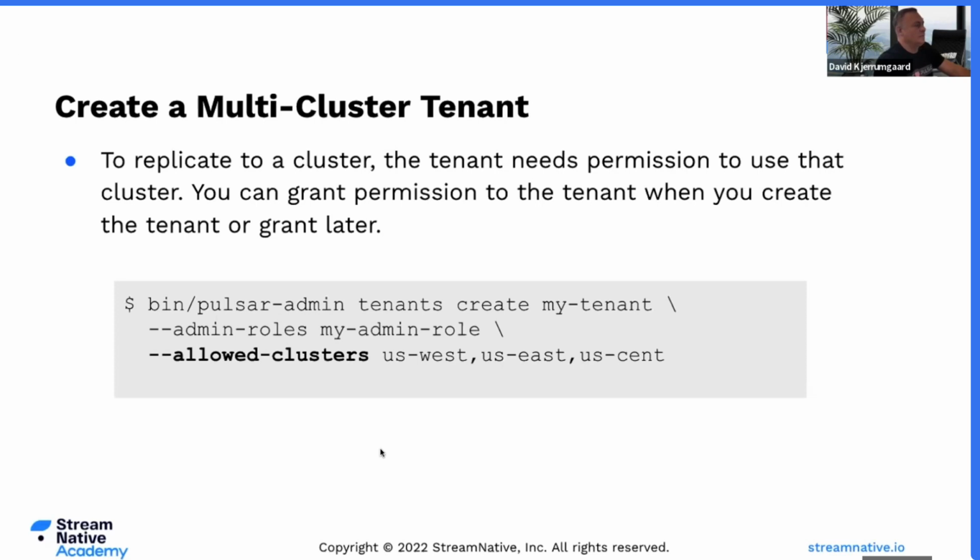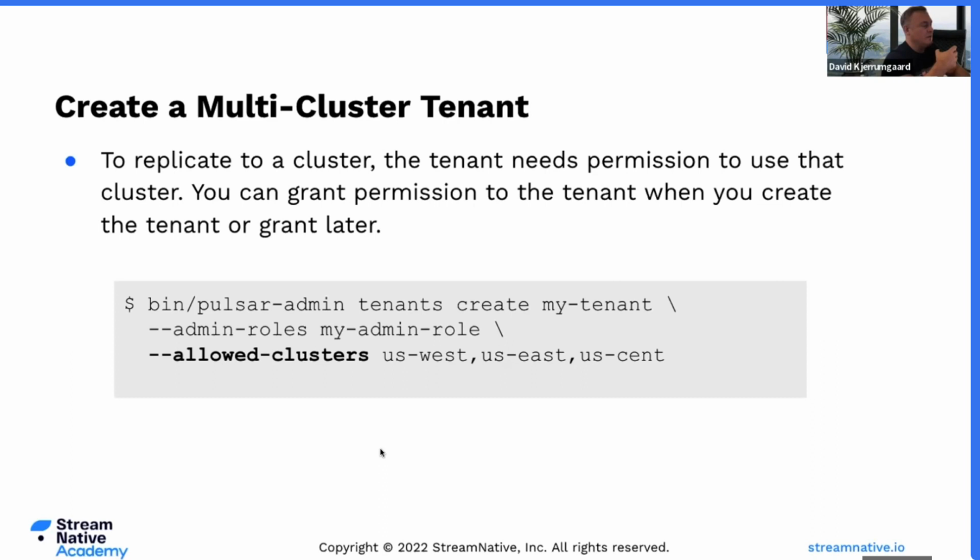Now, next, when you create a tenant to replicate to a cluster, the tenant needs to have permission to use that cluster, right? So when you grant permission to the tenant, you also grant the allowed clusters, which is kind of what we were talking about in the administration section. But we always took the default of local cluster only, right? So when I say create a tenant, this is a command. I can specify the admin roles.